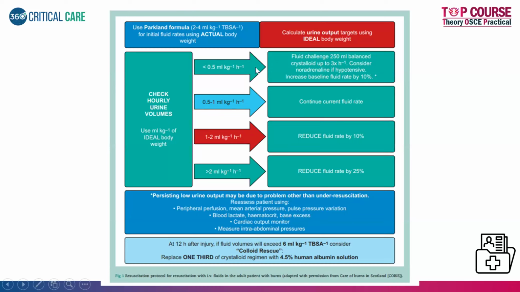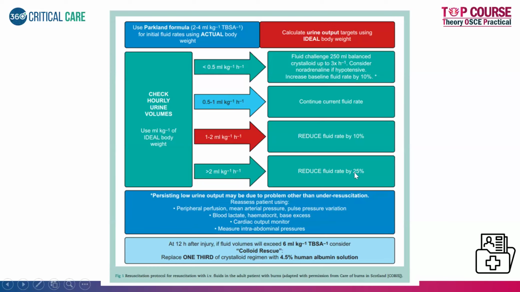If it is less than 0.5 ml per kg per hour, first give a fluid challenge of 250 ml per hour up to 3 hours, and then consider adding noradrenaline or increasing the fluid rate by 10%. If the urine output is between 1 to 2 ml per kg, reduce it by 10%. If it is more than 2 ml per kg per hour, reduce it by 20%.